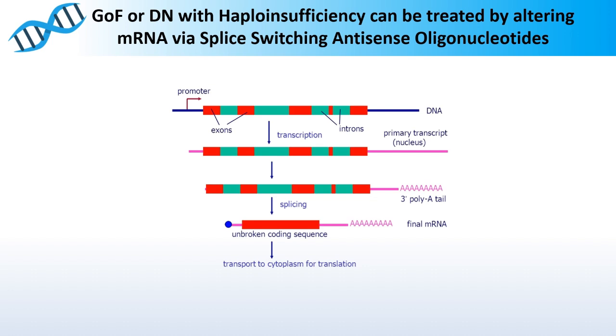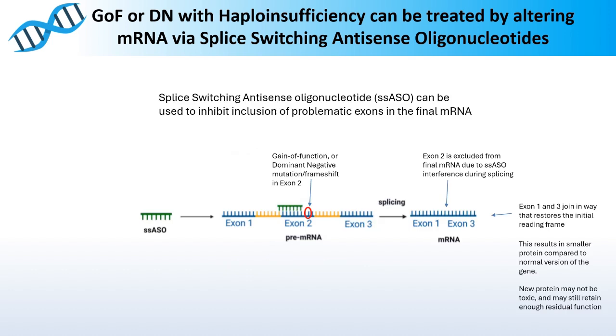However, it's possible to inhibit the inclusion of some problematic or mutated exons in the final mRNA by targeting the pre mRNA at the splice sites using one of these splice switching antisense oligonucleotides, leading to a slightly different version of the mRNA and, of course, then a different version of the protein that hopefully doesn't exhibit the same toxic gain of function or dominant negative activity.